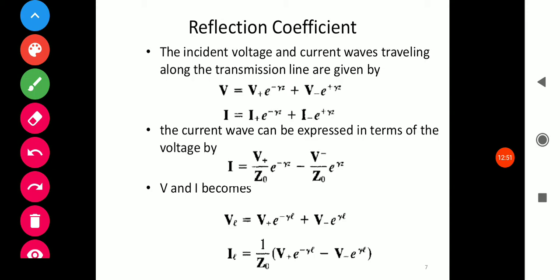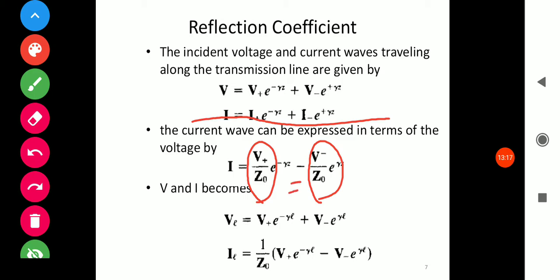A similar formula applies for I plus and I minus. If you express I plus and I minus in terms of voltage, I plus is equal to V plus by Z naught, and I minus is equal to minus V minus by Z naught.